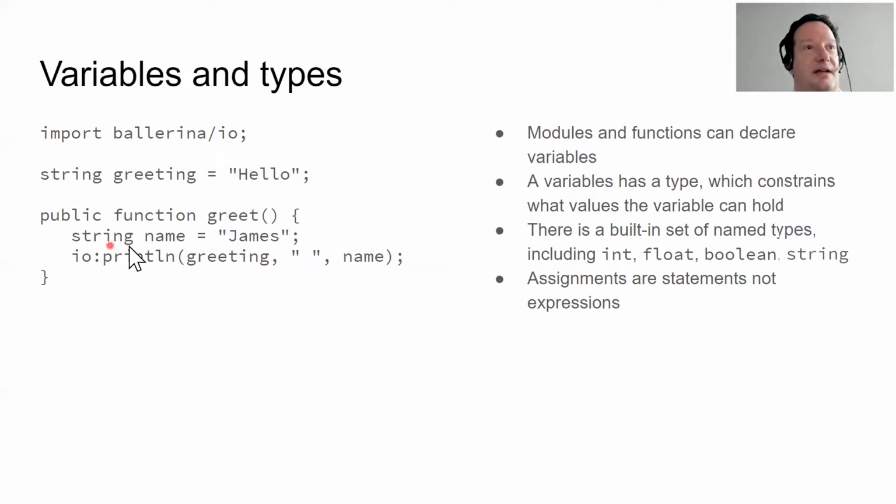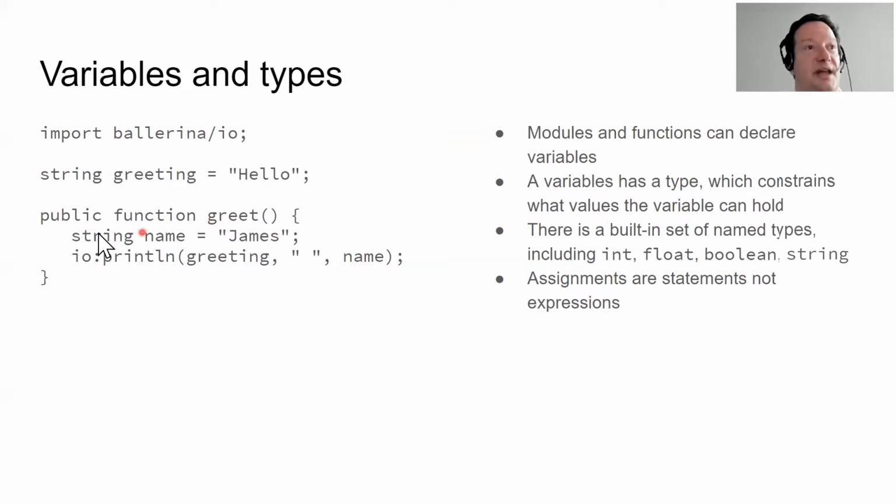We can have module level variables and we can have local variables. And here we are defining a local variable of type string, name, and we are assigning it the value James.